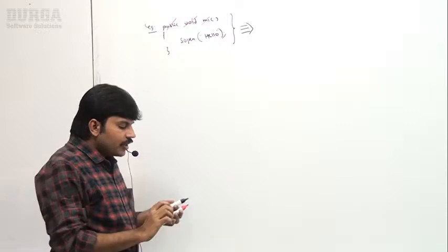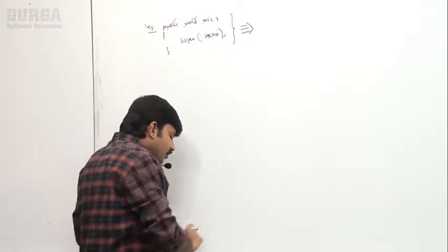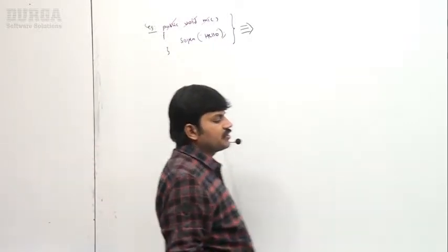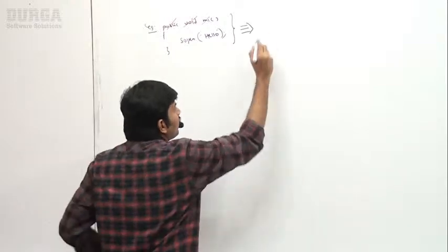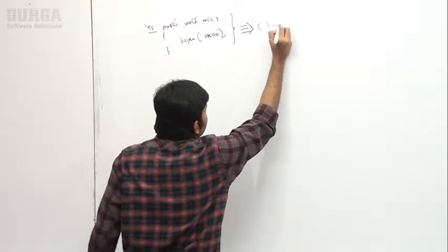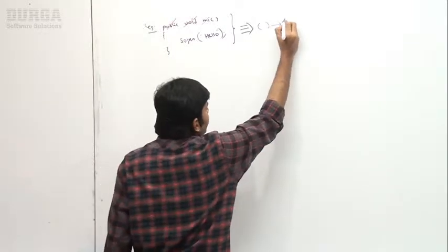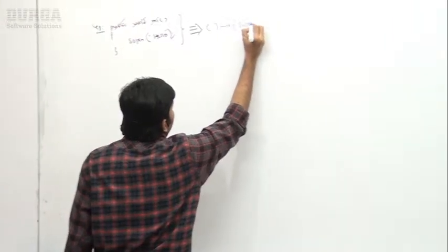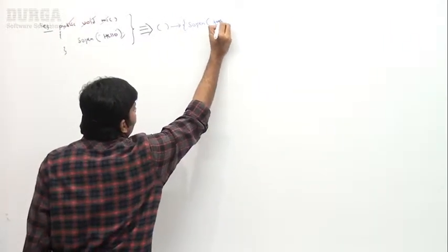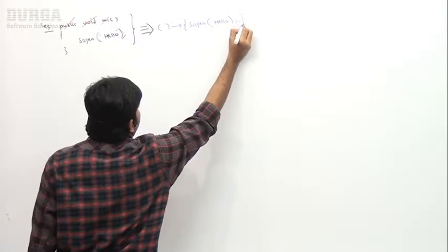Now after removing, what will happen in this case? Just this is the part. Okay, the special symbol I require to add. The remaining part is System.out.println("hello"). Just now I explained this part.